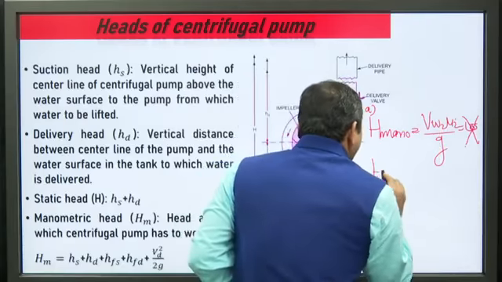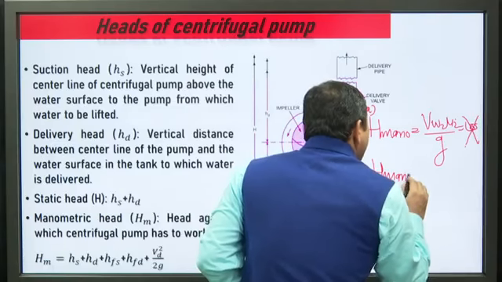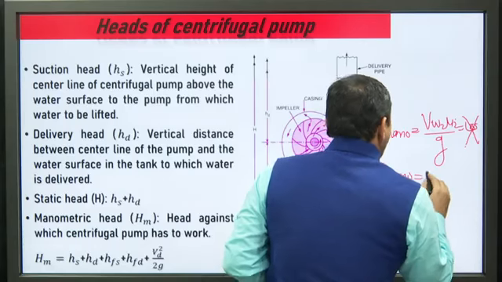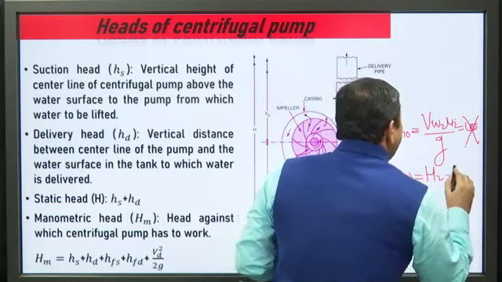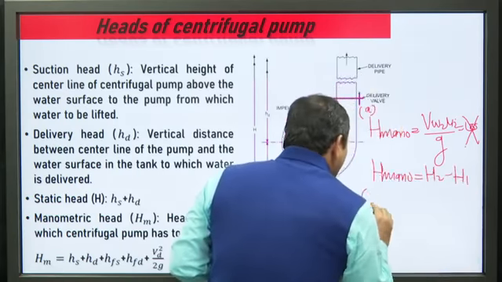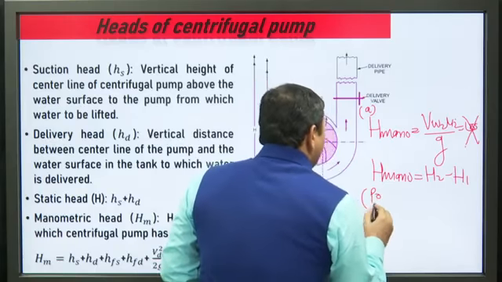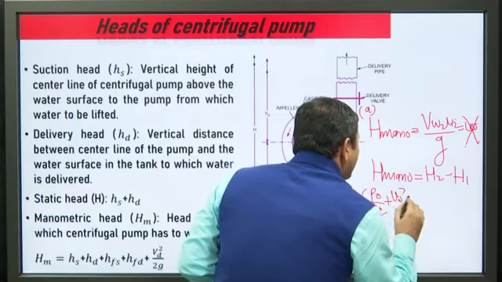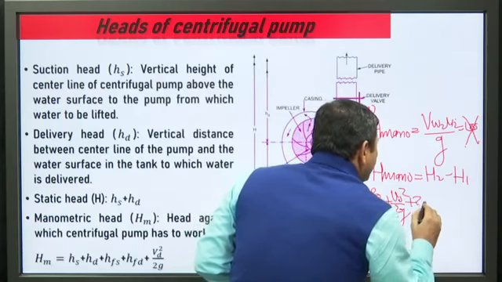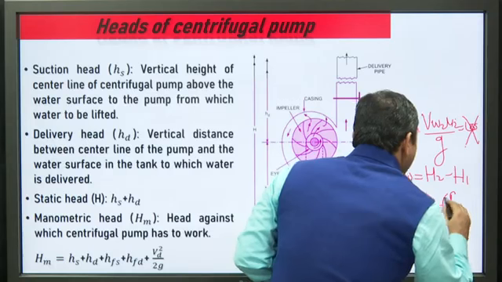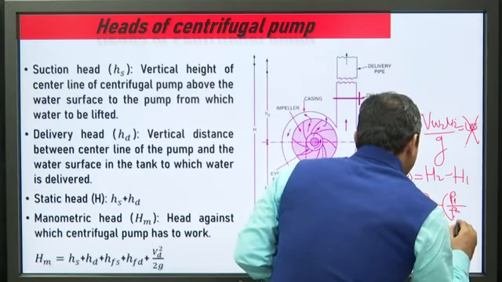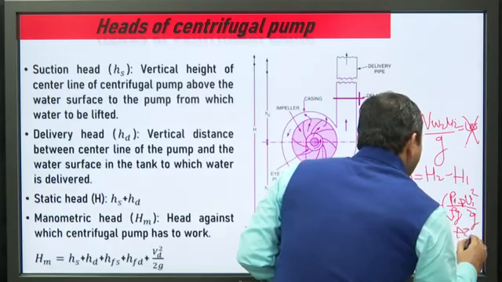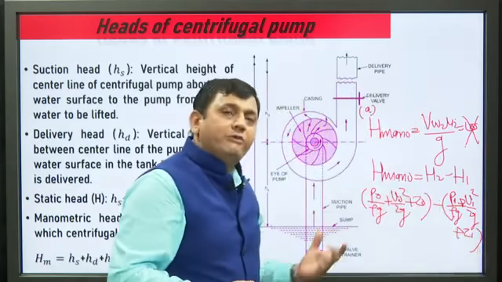We can also define the manometric head as the total energy at outlet minus the total energy at inlet: outlet P upon rho g plus V squared upon 2g plus Z, minus inlet P upon rho g plus V squared upon 2g plus Z. So why is this manometric?